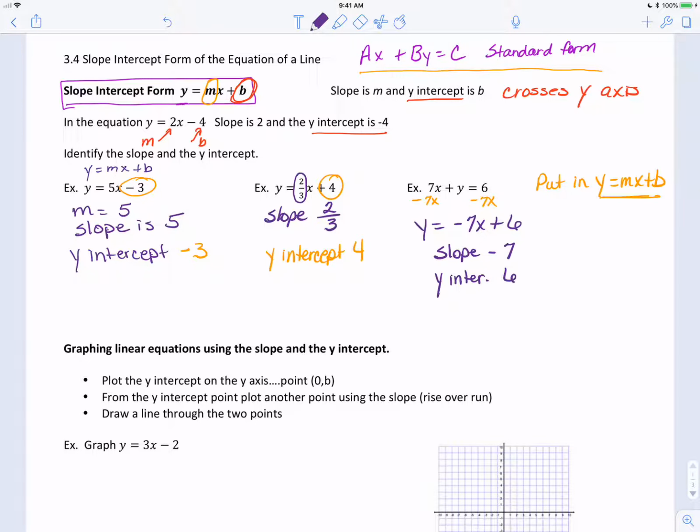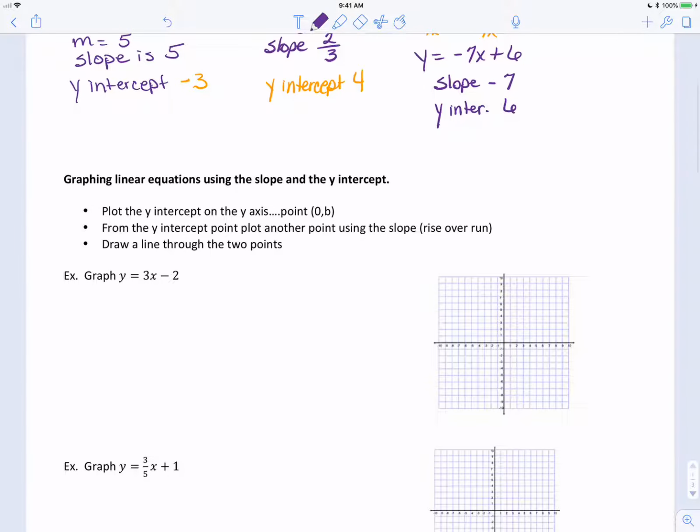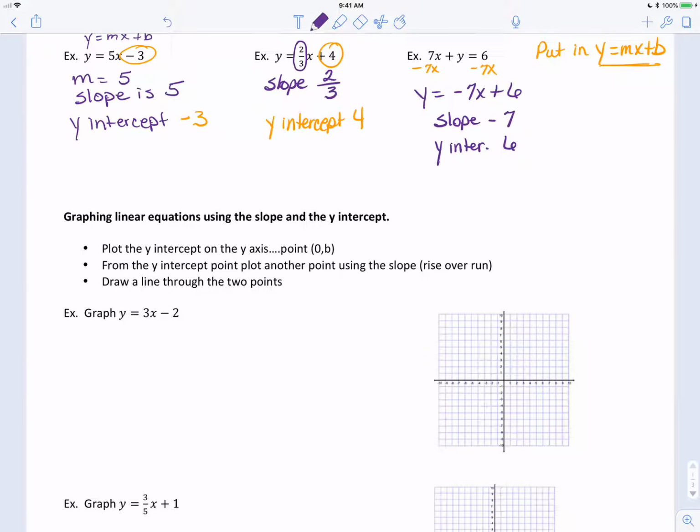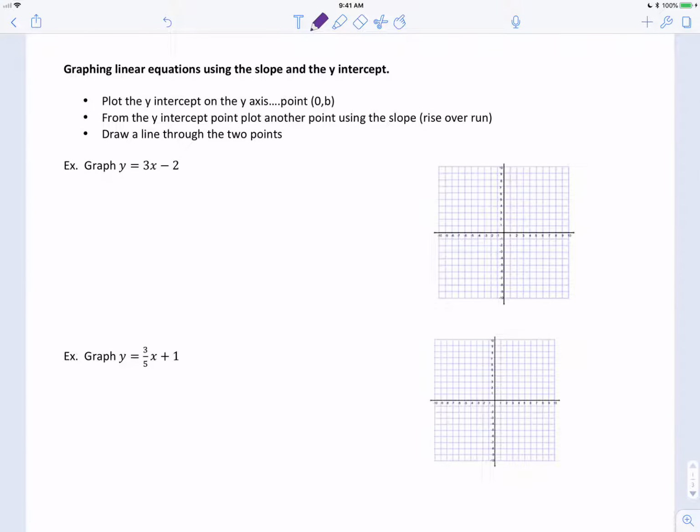Hopefully that's easy enough for you to recognize when you're working with these linear equations. Just remember that in order to know the slope and the y-intercept, we're going to make sure we put it in y equals mx plus b. Now we'll learn how to graph using that format.